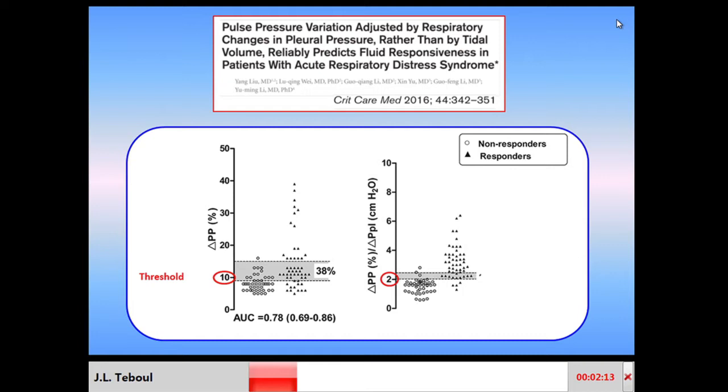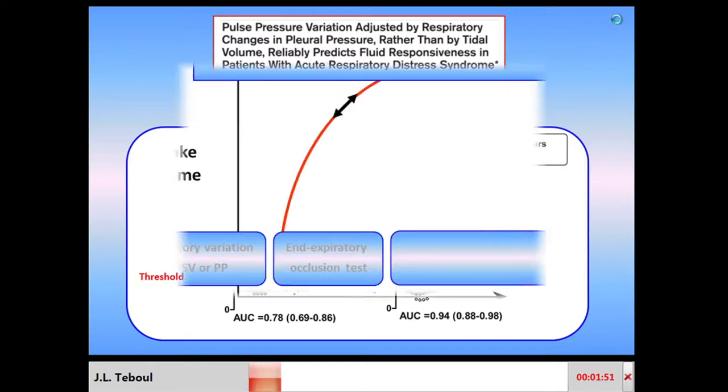And when they divided PPV by the changes in preload pressure, they had a threshold of 2%, but a very good area under the ROC curve, 0.94, and a very small gray zone of only 11%. Of course, you need to measure esophageal pressure, which is not so practical in this situation.